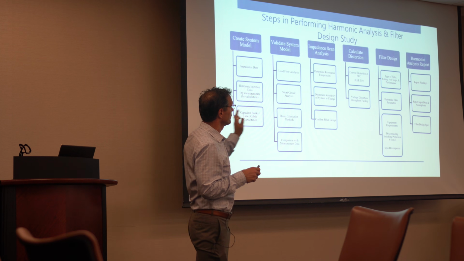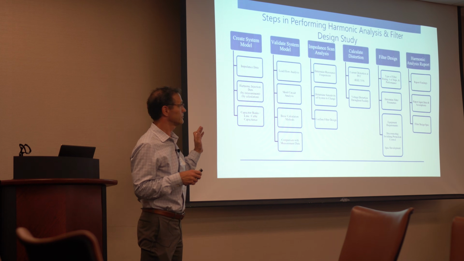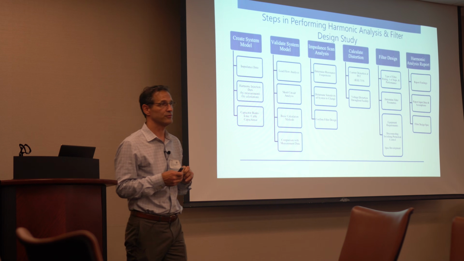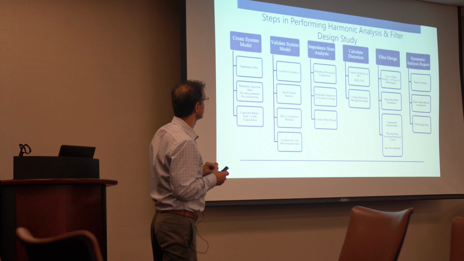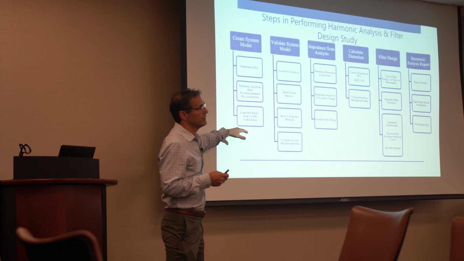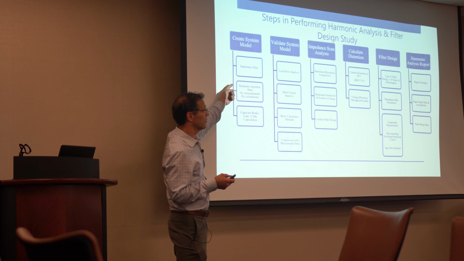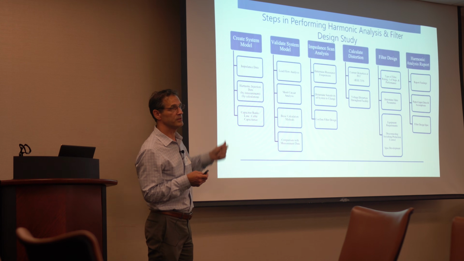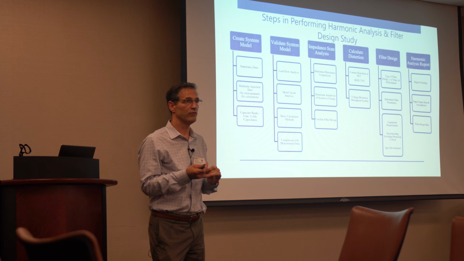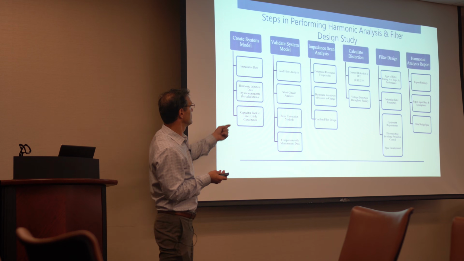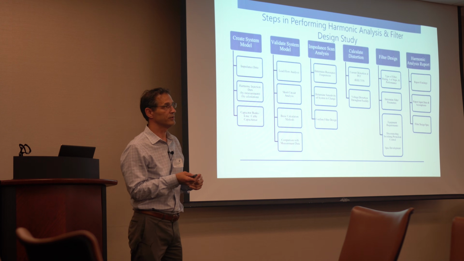So the process of doing a harmonic analysis, and this is kind of a table of everything that happens during the harmonic analysis process, but you've got to create a model. For the most part, the model is getting developed along the process. In SKM and ETAP and all these programs, you're doing load flow analysis, short circuit analysis, maybe arc flash, and then harmonic analysis is also in there.